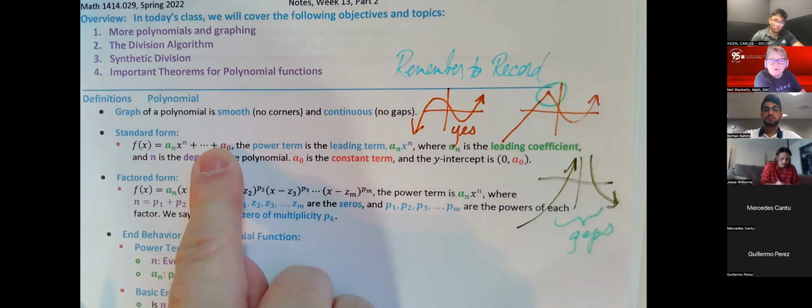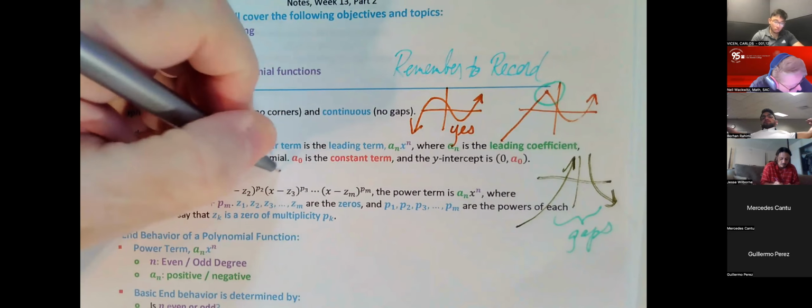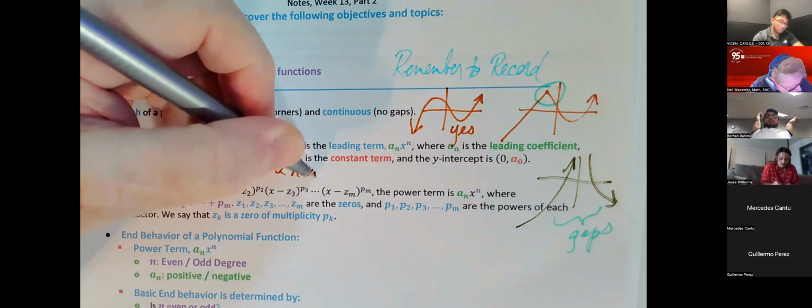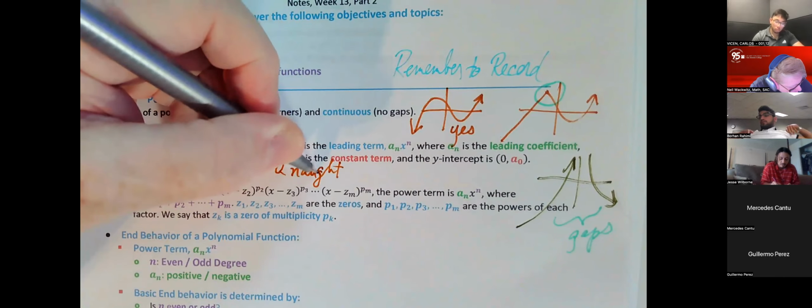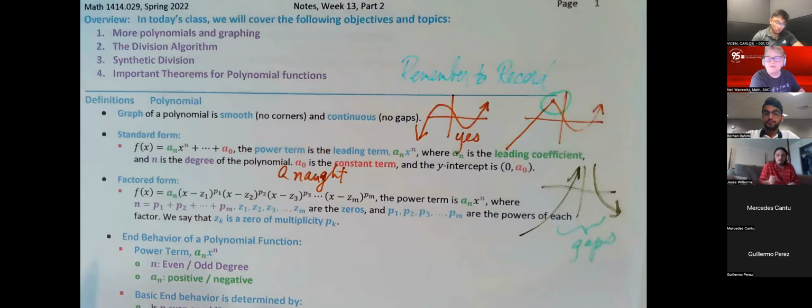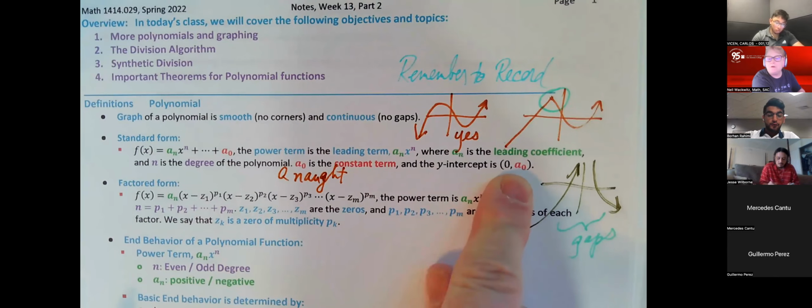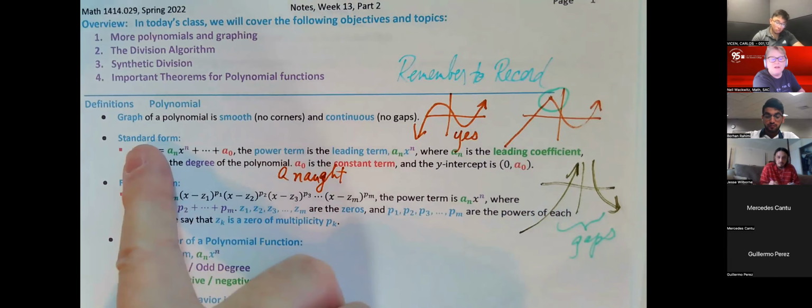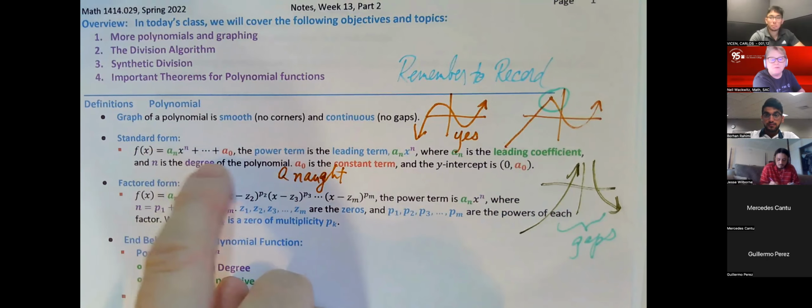A sub 0 is also called a naught. We read sub 0 as the word naught. A naught is the constant term, and the y-intercept is (0, a naught) if the polynomial is in standard form.